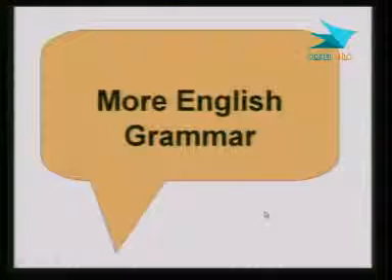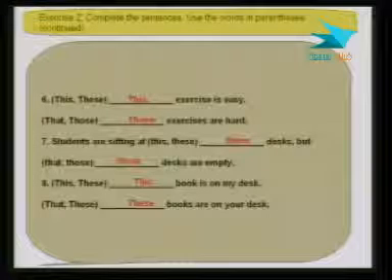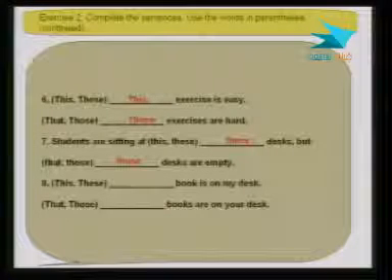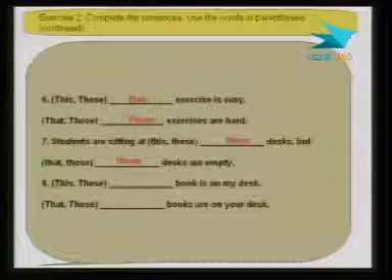Now, before you go for more English grammar, let me just go back a little bit and take you to an exercise that I asked you to do in session 17, and that was a paragraph that I wanted you to correct, if you remember.